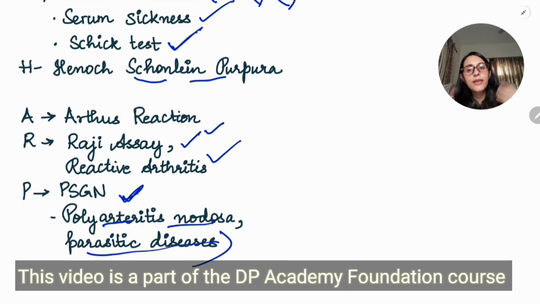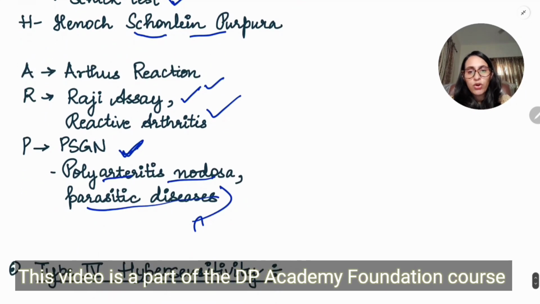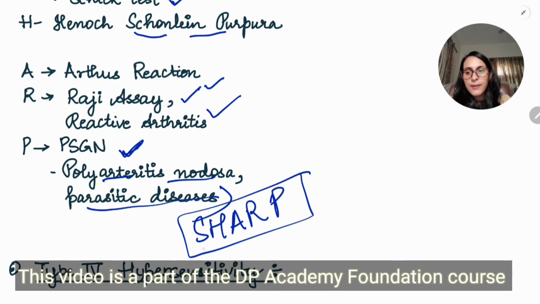It is not the parasitic disease itself, but the complication of the parasitic disease. For example, if a person has malaria, the complication can result in nephrotic syndrome, affecting the kidneys. So this is an example of type 3 hypersensitivity. Let's recall all the examples with the mnemonic SHARP.